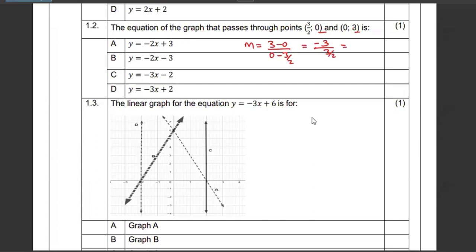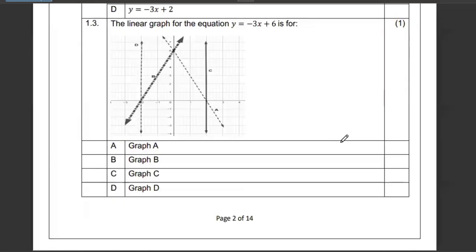When you take that on top, the gradient becomes -2. If the gradient is -2, when x is 0, y is 3, this point represents the y-intercept, meaning your equation is going to be -2x plus 3, which is option A.